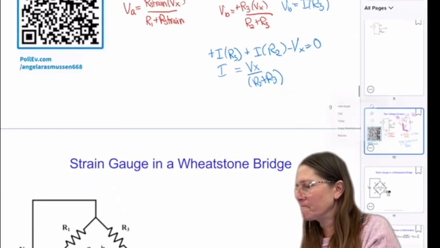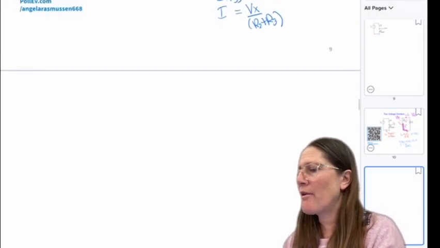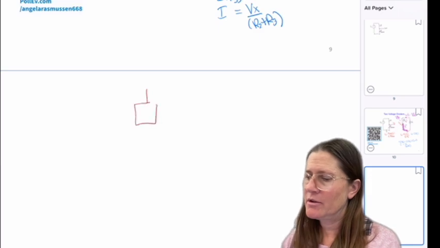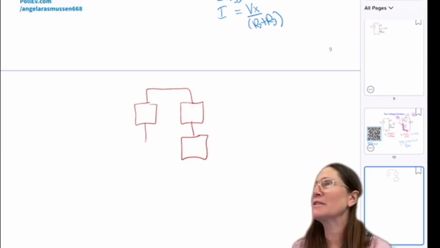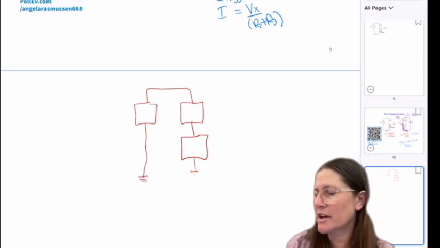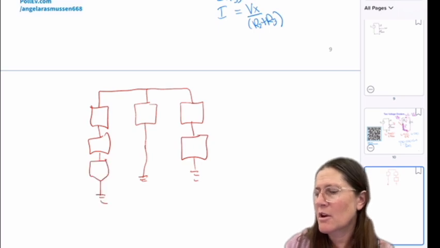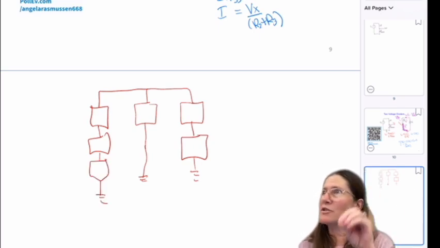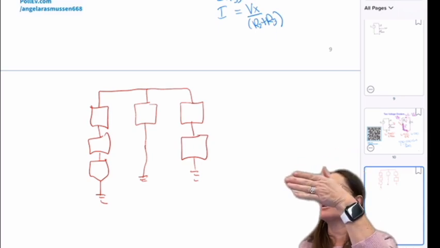Let me do one more. Okay, thinking of these as elements, and each one is kind of going to ground. Let me do 3. 1, 2, 3. Okay, so say I have these different branches. With it drawn this way, hopefully it's easy to see that these are in parallel to each other.